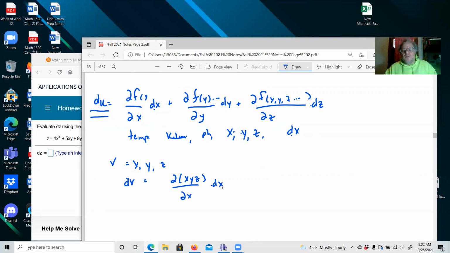So what we're doing here is figuring out what the error is in your length, say, plus the partial of xyz with respect to y times dy, okay, and then the partial of xyz with respect to z times the proper dz.